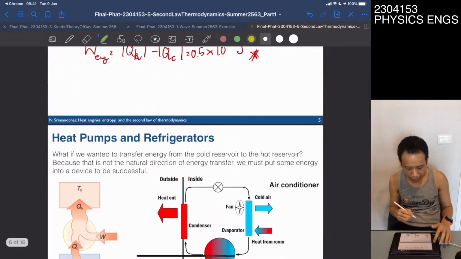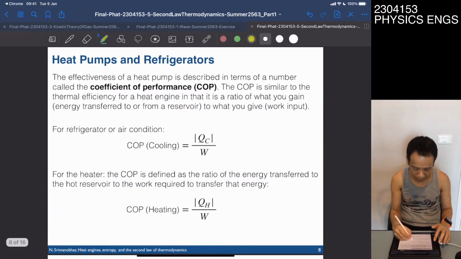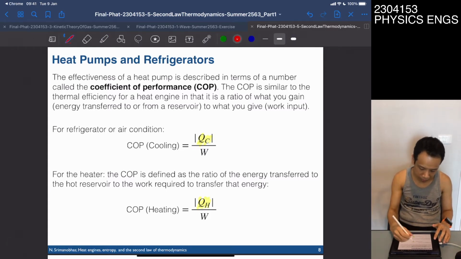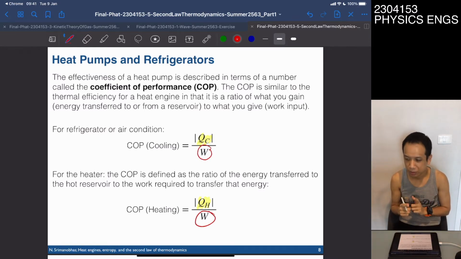But in this case, what you get is the heat. What you put in is the work. Okay, so it's slightly different in this way. So you need to answer first what you would like to get and what you have to give. Okay, for the air conditioning, we call it COP of cooling.